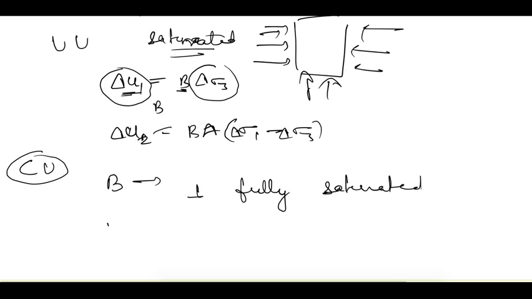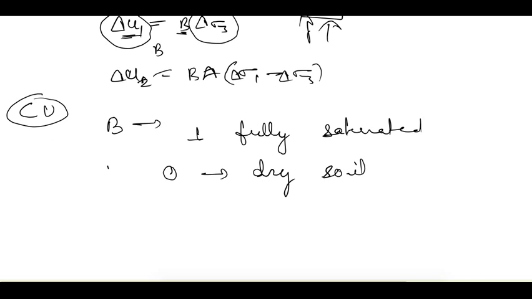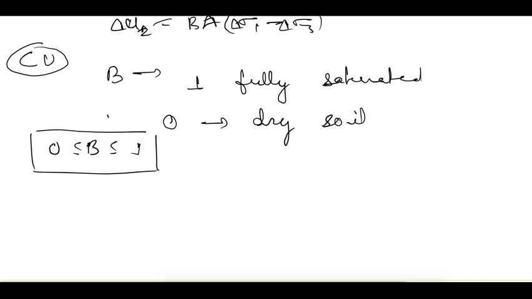And its value is 0 for dry soil. So we can say the value of B varies from 0 to 1. But it is not a constant for a soil, it depends upon the stress increase, or we can say it is a function of stress range.